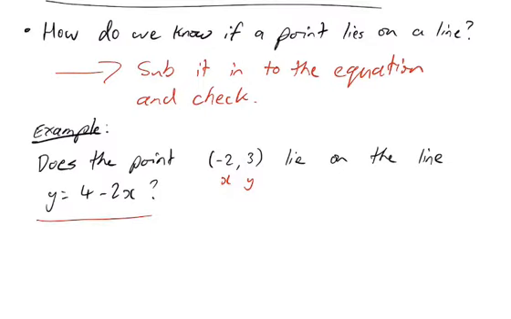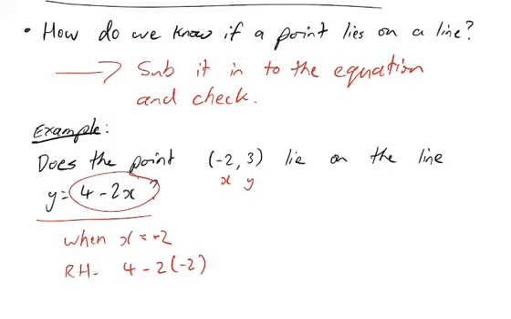Let's consider the right-hand side, because that's what we're talking about with the x. When x equals -2, that expression becomes 4 minus 2 times -2, which becomes 4 plus 4, which simply equals 8. So when x equals -2, this expression is going to be 8.